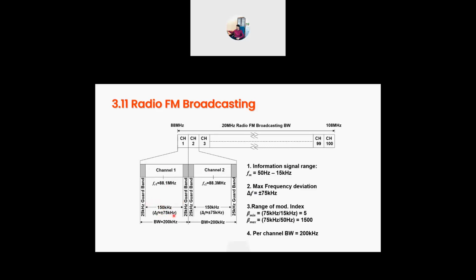Then you have a 25 kilohertz guard band on the right and another on the left, so basically 50 kilohertz of guard band. And then you have a bandwidth of 200 kilohertz, which is the summation of this 150 kilohertz and your guard band.